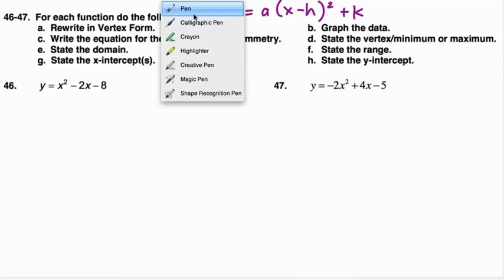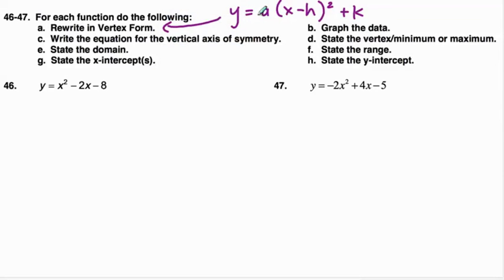Now we're given a, whenever we're given an equation in standard form, because in standard form we have y equals ax squared plus bx plus c. So I know here that a is equal to 1, but I need to find out what h and k are. And h and k are the coordinates of the vertex. So how do we find the vertex given an equation in standard form?